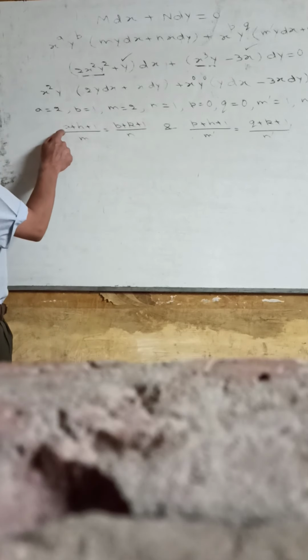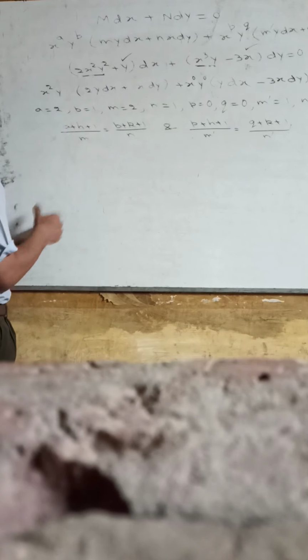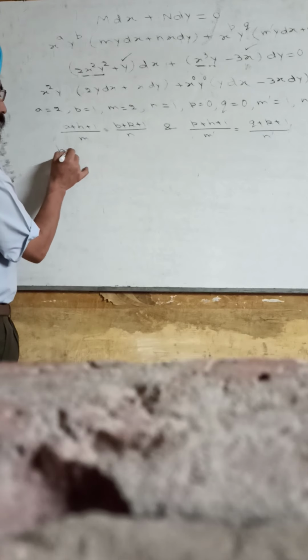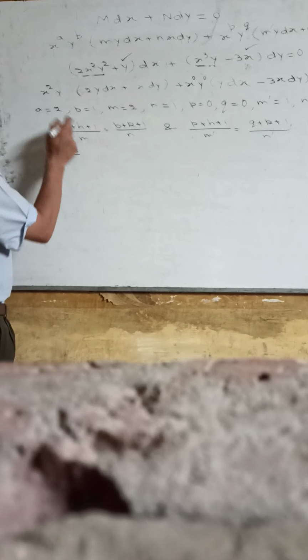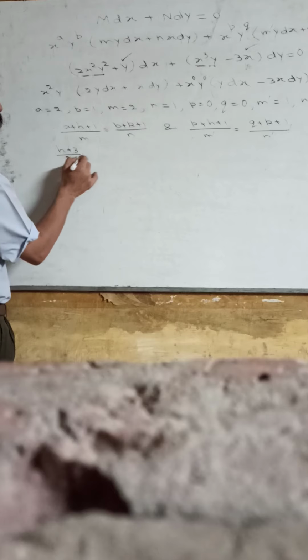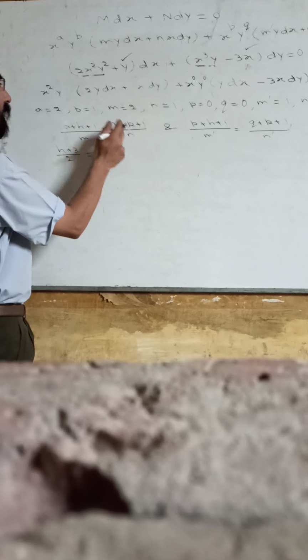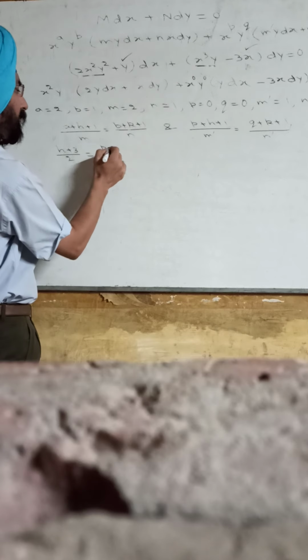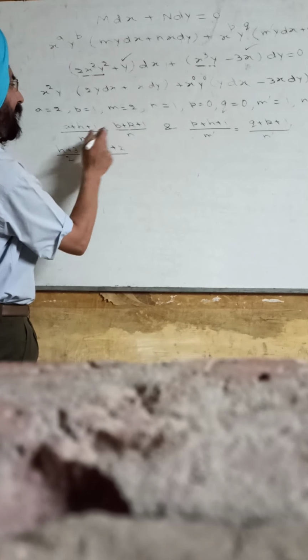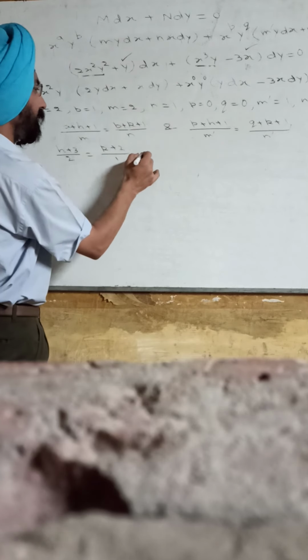Here a is 2, 2 plus 1 is 3, so it is h plus 3 over m, m is 2, is equal to k plus b plus 1, b is 1, so 1 plus 1 is 2 over n, here n is 1.